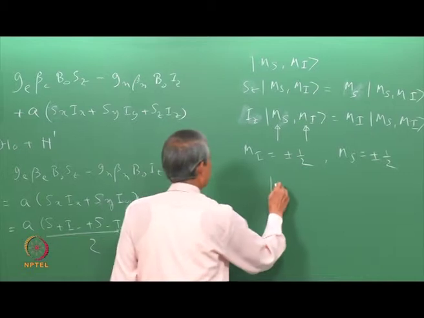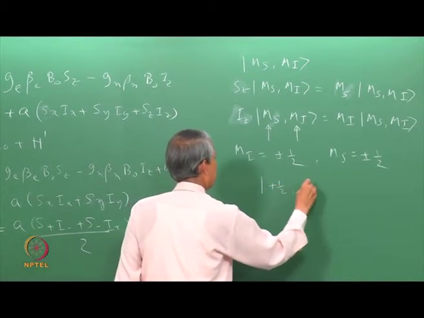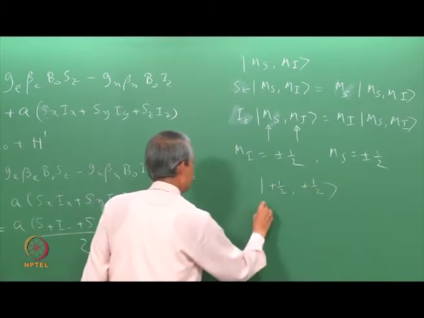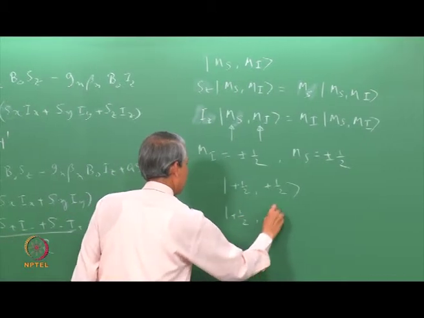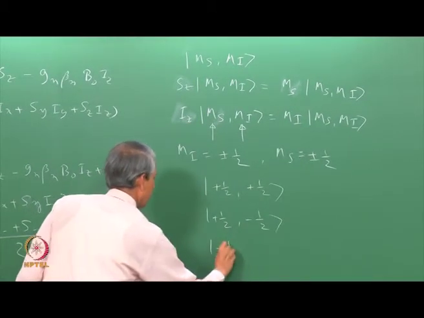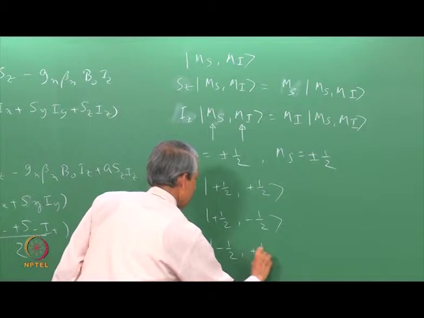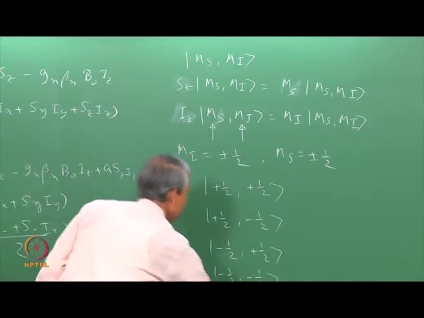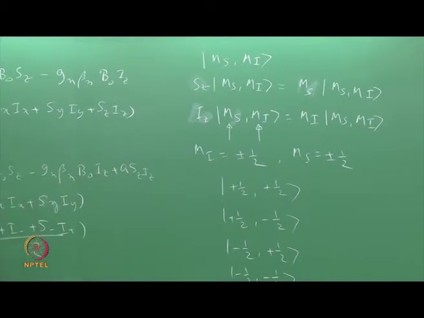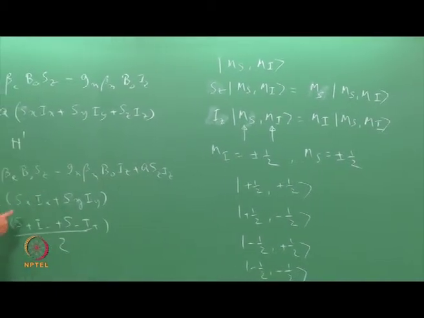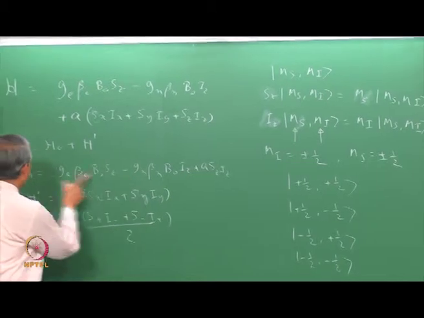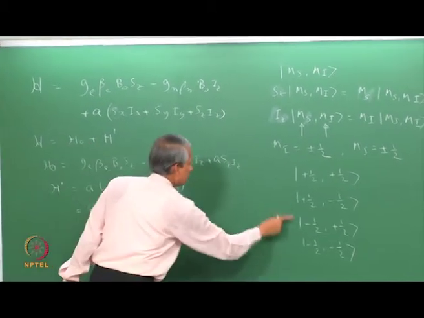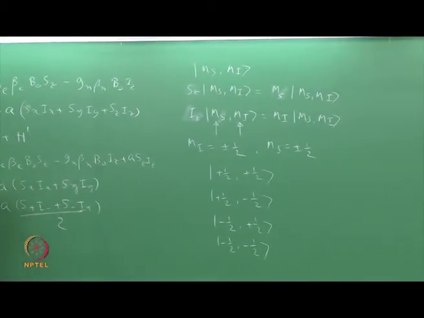So, they are designated by plus half, plus half and minus half. So, we can find out the energy of this H0 Hamiltonian with respect to these 4 wave functions.